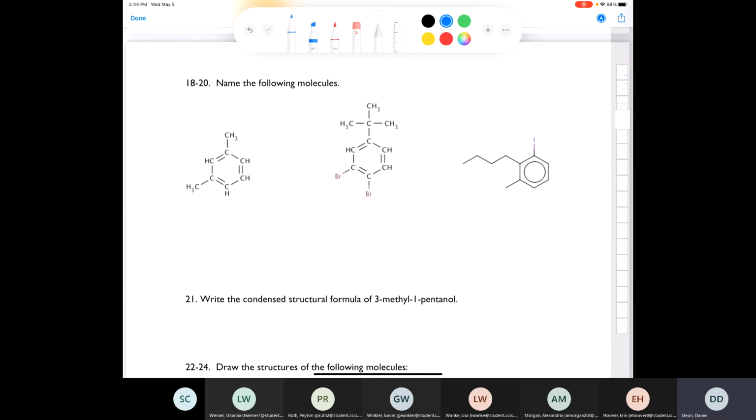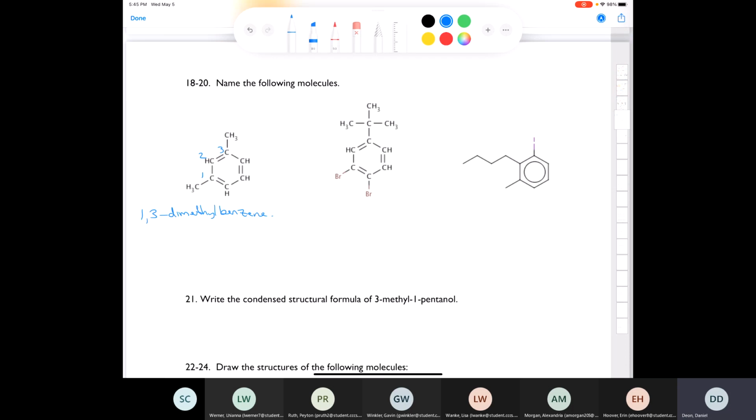All right, naming these molecules here. The first two compounds I've drawn as these Lewis structures or partial Lewis structures. The last one is just a bond line structure. Well, there's a couple of ways that you can name the first compound, right? If you think about the biggest carbon chain as being the parent, what I have in the blue circle, that's a benzene. So if I number it like this, this could be called 1,3-dimethylbenzene.